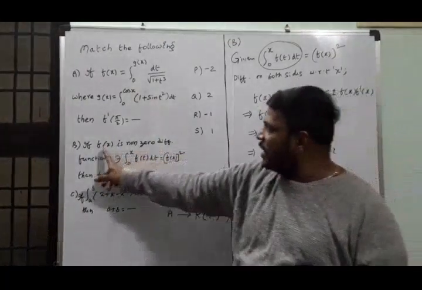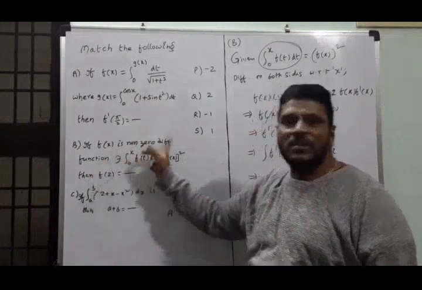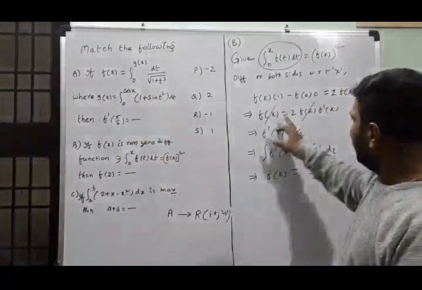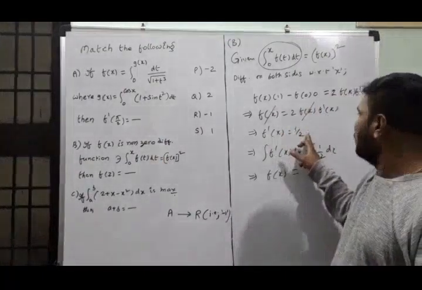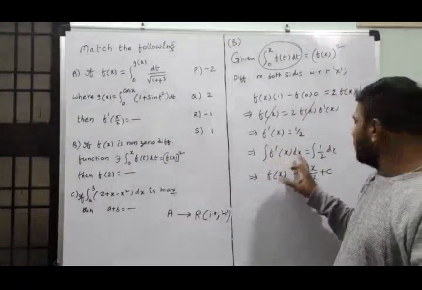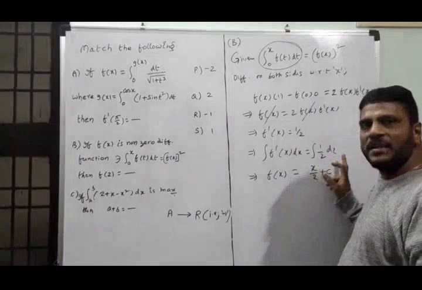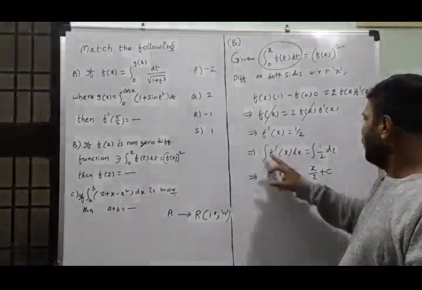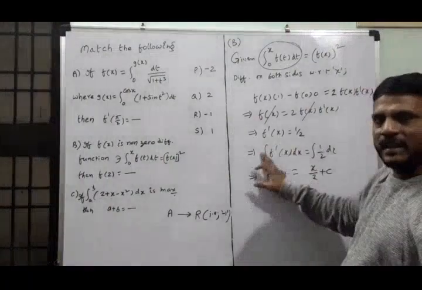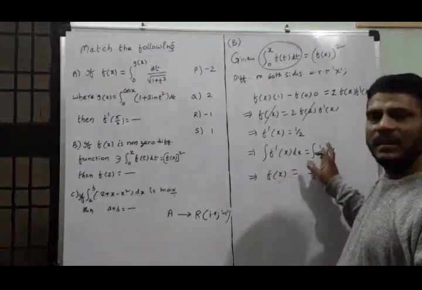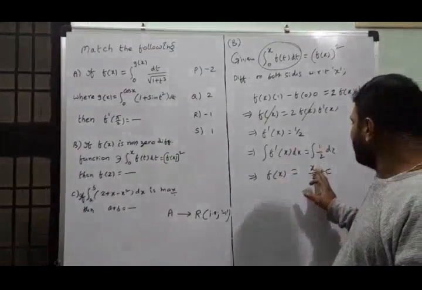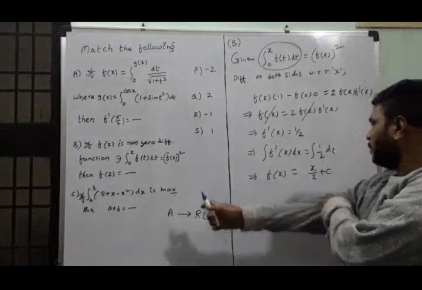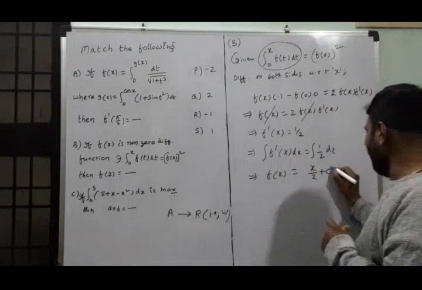But here in the question it is given that f(x) is a non-zero differentiable function, so f(x) cancels. Then you will get f'(x) is equal to 1 by 2. Integral f'(x) dx is equal to integral 1 by 2 dx. That implies f(x) is equal to x by 2 plus c. Now you have to find the value of c.